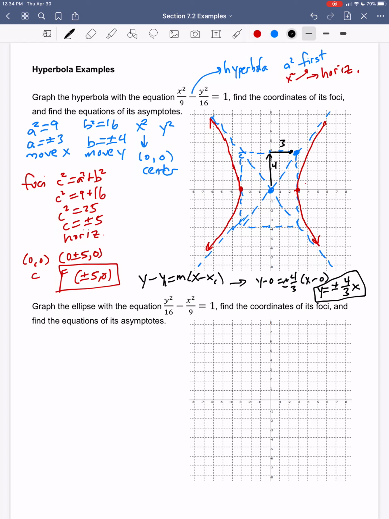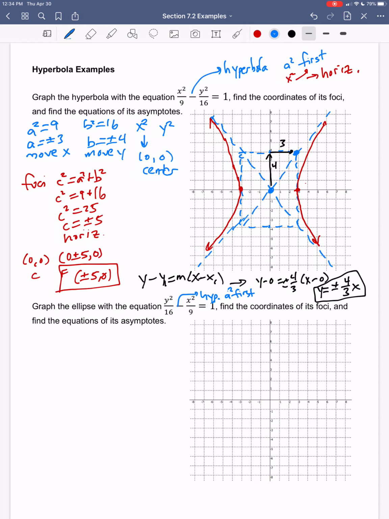Okay, now in the second example, y squared over 16 minus x squared over 9 equals 1. Again here, since it's minus, that means it's a hyperbola, so that means a squared is first.